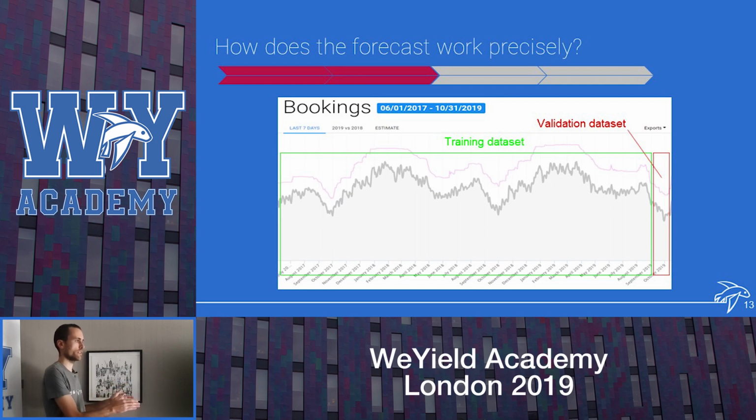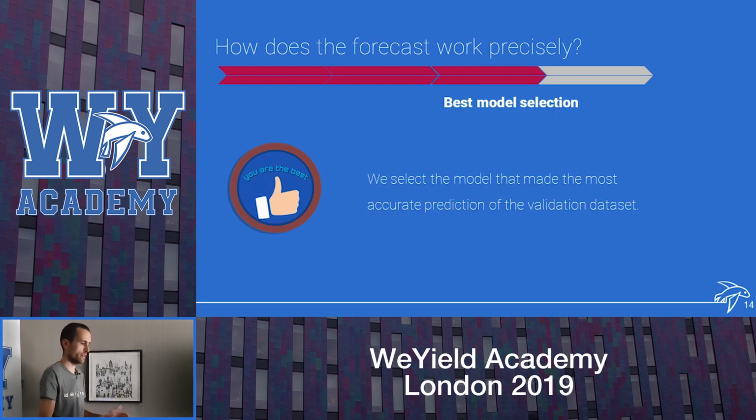And with the rest of the data, the training data set, we give it to each of the 4 models and ask them to predict the last 30 days. Then we are able to compare each forecast, each prediction, and choose the model that made the most accurate prediction of the last 30 days.